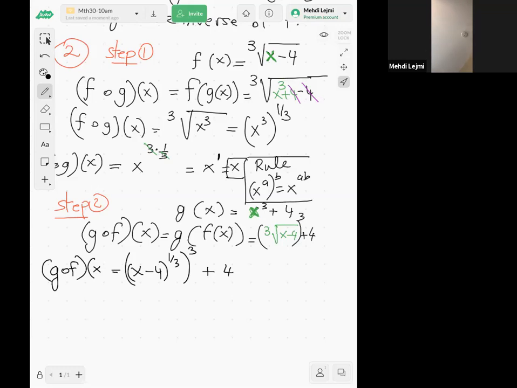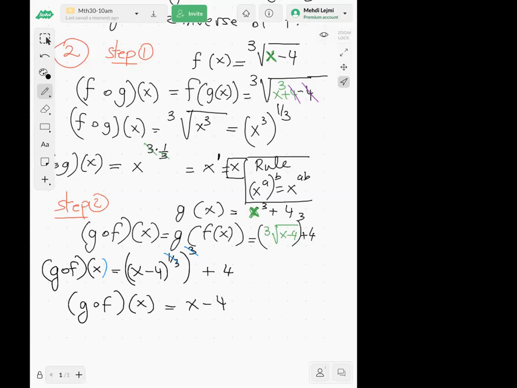And again, if you apply the power rule, it's 1/3 times 3. So this 1/3 times 3 cancels out. It's going to be 1. So g of f of x is going to be just x minus 4.